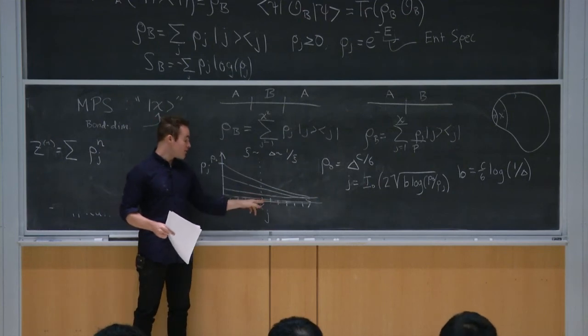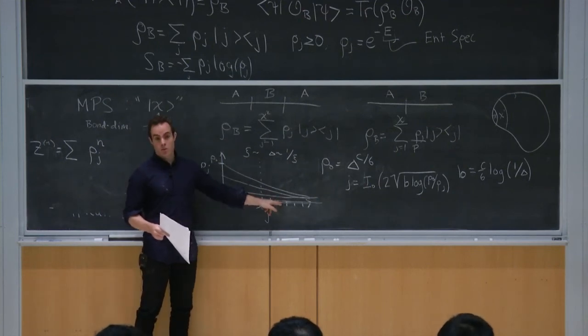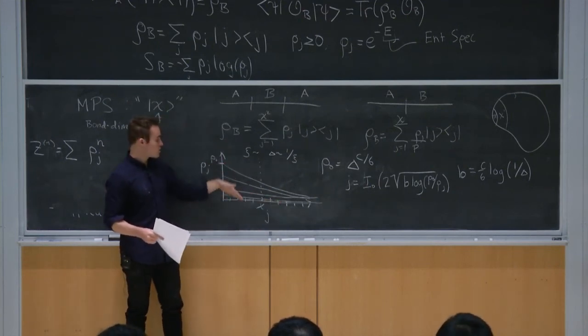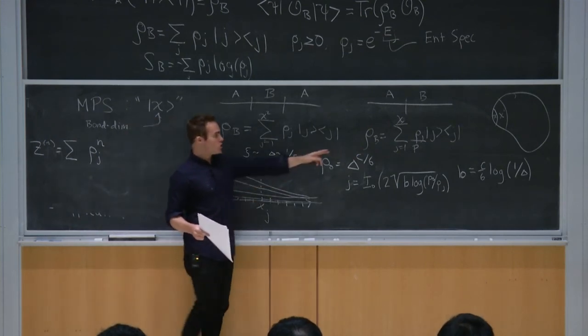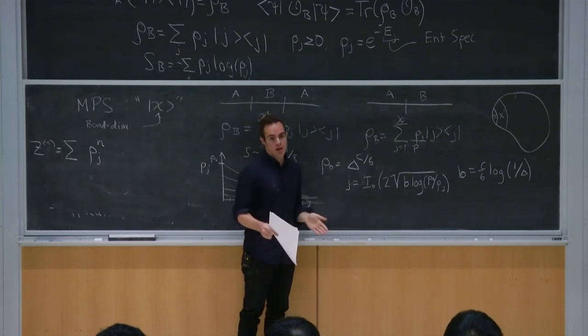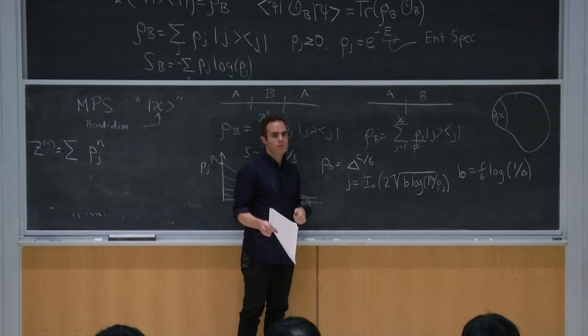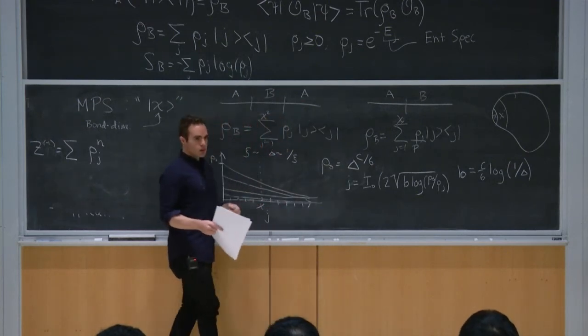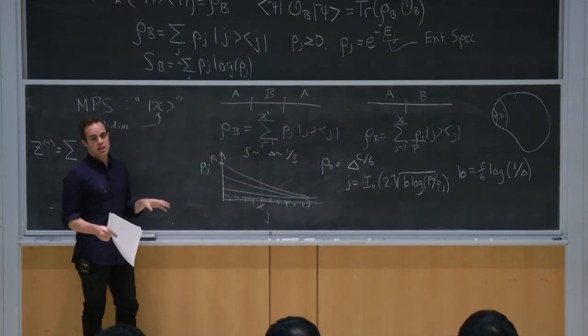And for any fixed chi, all the weight is actually to the right, because this P0 is going to 0. So if you do a truncation like this, you actually end up with a state completely orthogonal to the ground state, not even an approximation of it. So that can't be what the DMRG is actually doing.